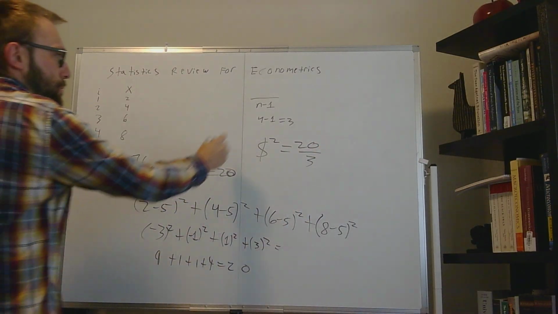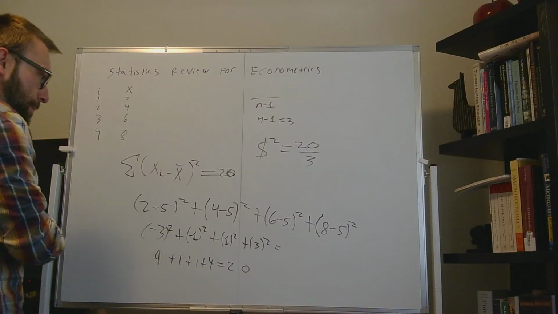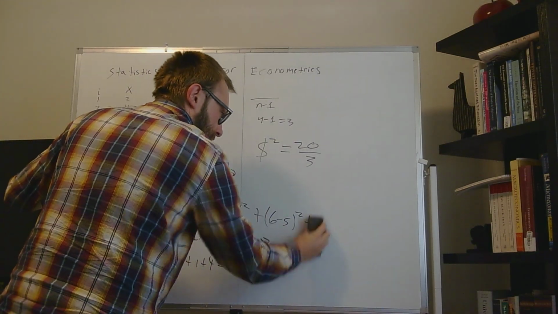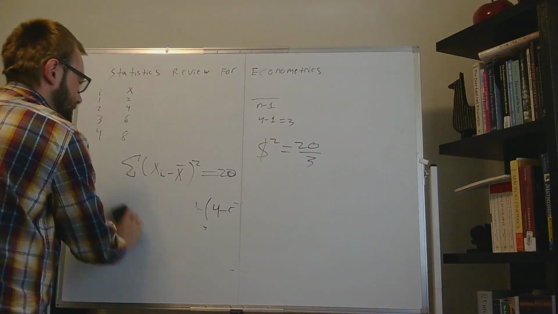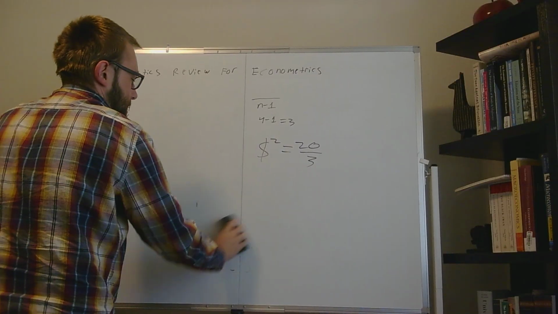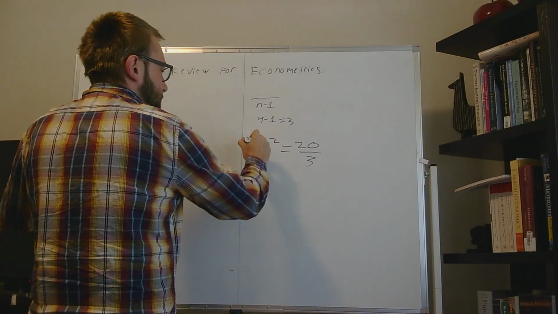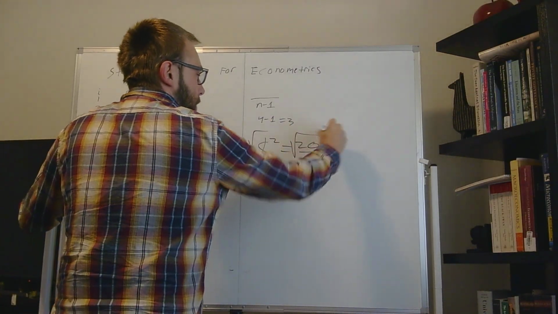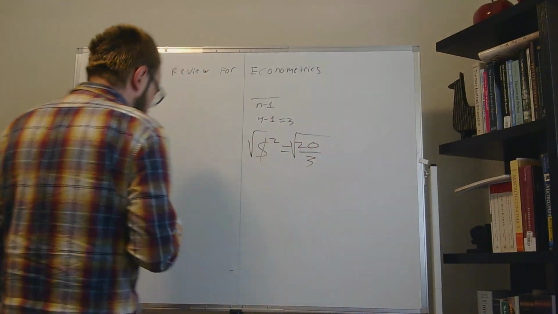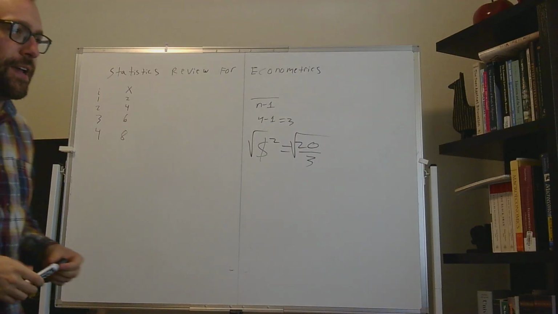So this value over n minus 1, that was in our formula. So we can erase that. And then if we want our sample standard deviation, just take the square root of both sides. Square root of 20 over 3 is our sample standard deviation.